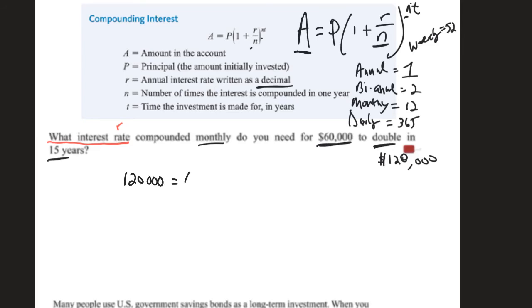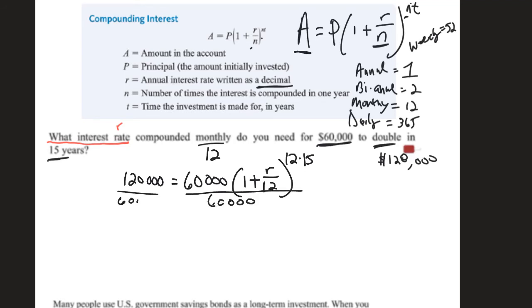equals what we started off with, times 1 plus R over monthly, 12, raised to the power of 12 times 15. Now, there's lots of stuff I can do here. I can divide both sides by 60,000, which is going to give me 2 equals 1 plus r over 12 raised to the power of 12 times 15. 12 times 15 is 180.